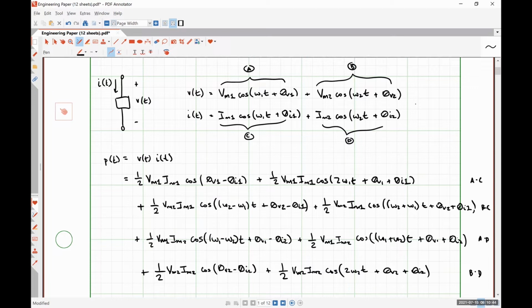So if we multiply these two voltage and current waveforms together, where the voltage waveform is operating at 2 frequencies and the current waveform is therefore operating at that same 2 frequencies, we find that our power is now oscillating at 5 different frequencies.